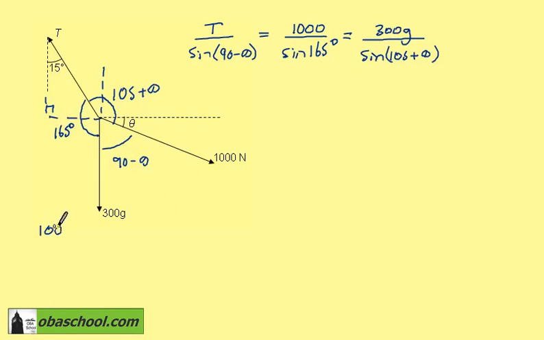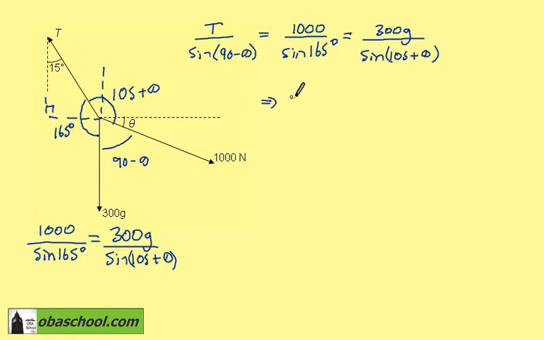We've got 1000 over the sine of 165 is equal to 300g over the sine of 105 plus theta. That means that 1000 times the sine of 105 plus theta is equal to 300 times g times the sine of 165 degrees.